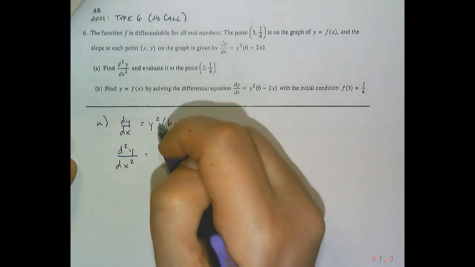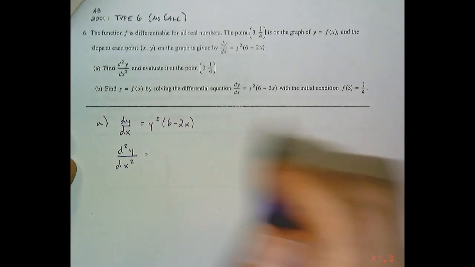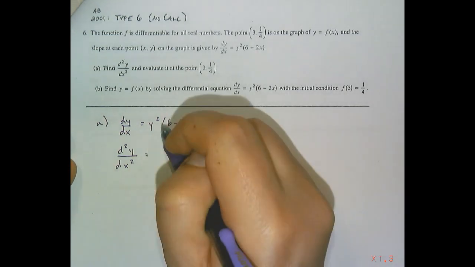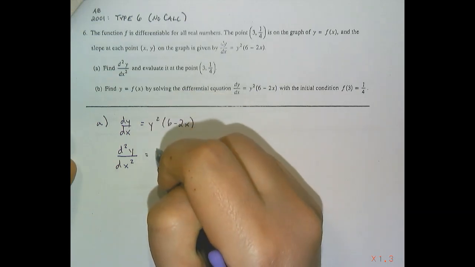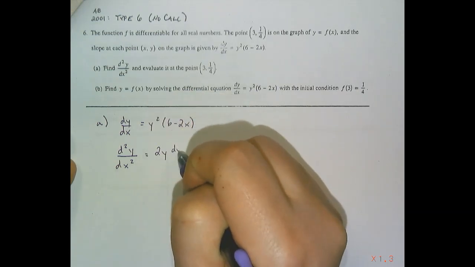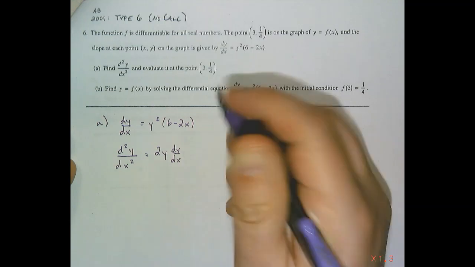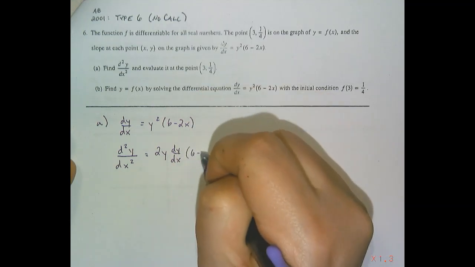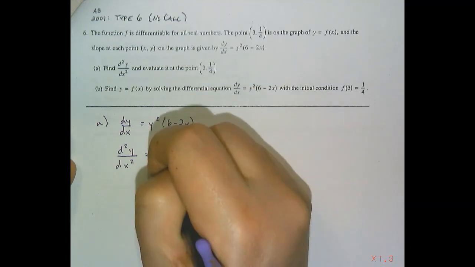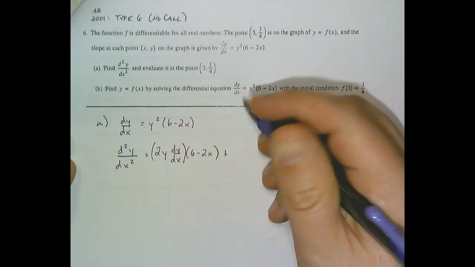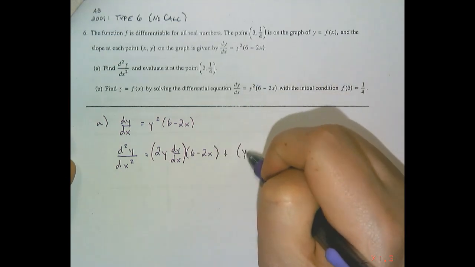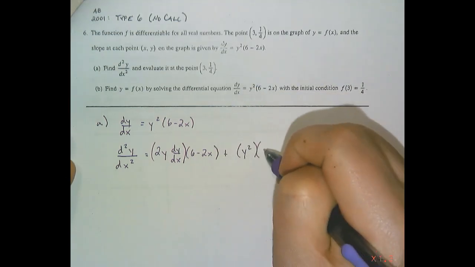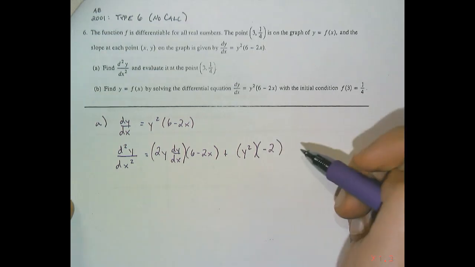And then on the right, we have a product, so we will need to run the product rule. So the derivative of the first function, implicit differentiation, times the second, plus the first times the derivative of the second.